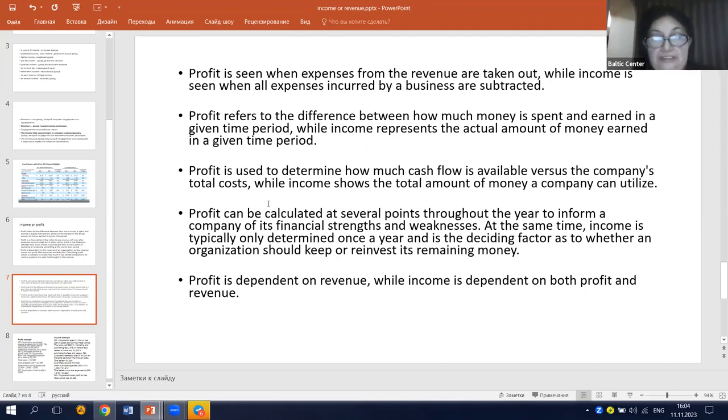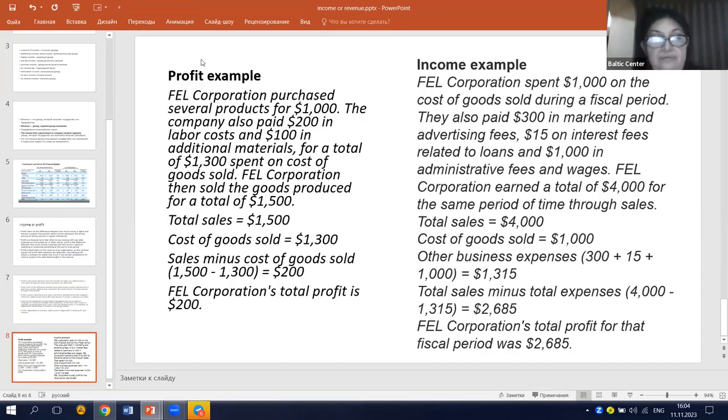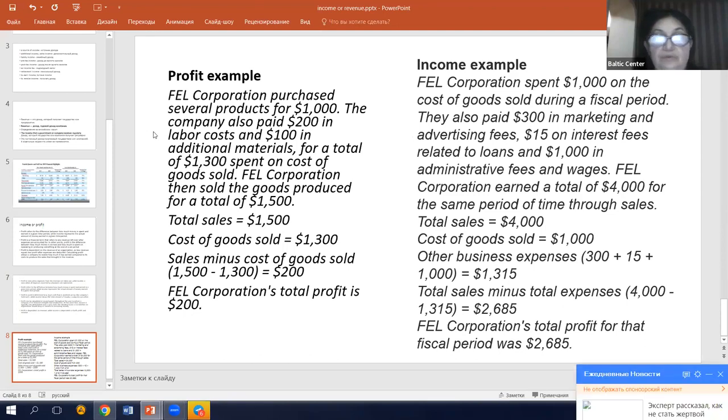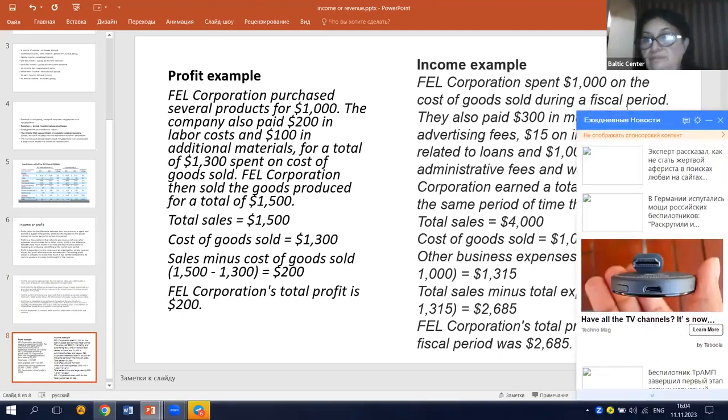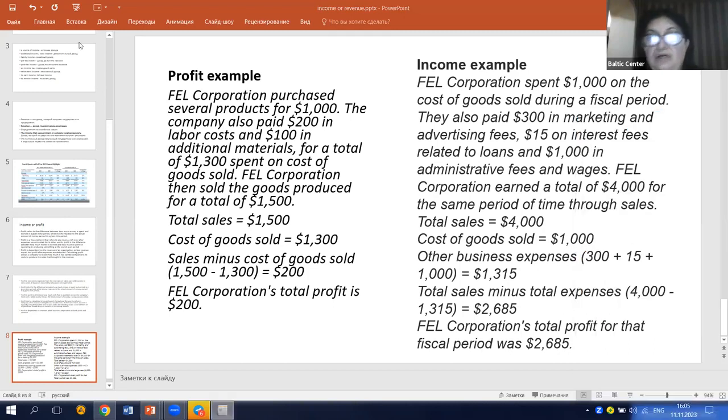It is a good picture to differentiate these two concepts.